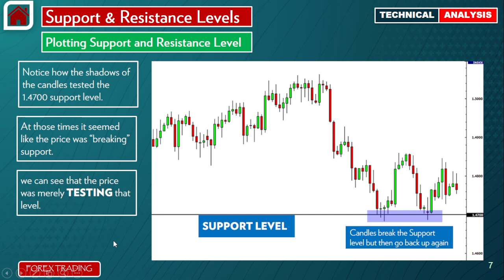You can see how the shadow of the candle, this wick, this extended line of the candle, touches the 1.4700 level. So 1.4700 is the support level, and at those times it seemed that the price was breaking this level, but actually it just goes down a bit. It just extends this one leg and then pulls back, over here and over here. In this way we conclude that the price was just testing that level. It did not break. If it had broken, it would have gone down to this level.